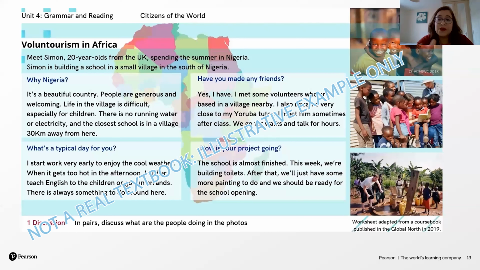This worksheet is very problematic in my sense because it reproduces this colonial vision of how volunteering works, and it also doesn't center the story from the perspective of the children, who are actually the most important individuals in this story.